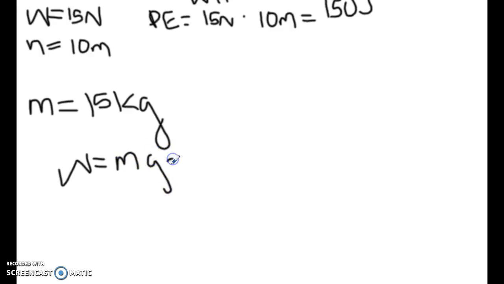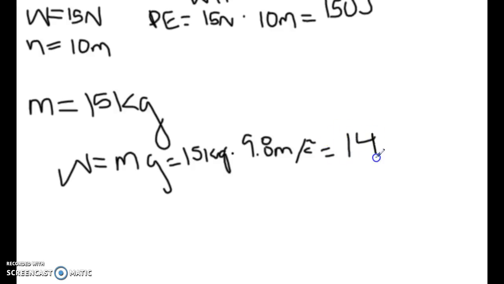Okay, so that gives you 15 kg times your gravity, which is 9.8 meters per second squared. Okay, which would give you 15 times 9.8, which gives you 147. And weight is measured in newtons, so your unit would be newtons.